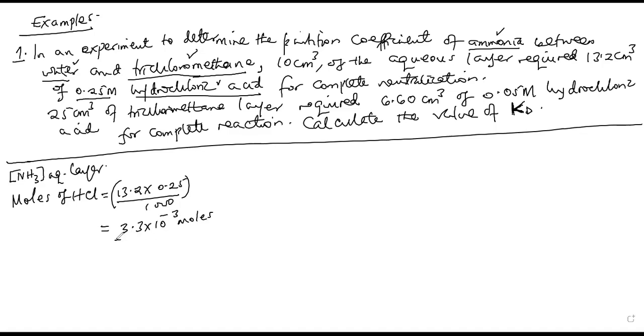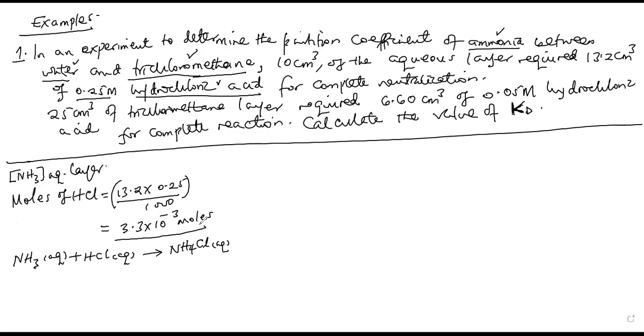We've gotten moles of hydrochloric acid, so we can now get moles of ammonia because hydrochloric acid reacts with ammonia. So we shall write ammonia aqueous plus hydrochloric acid aqueous gives ammonium chloride aqueous.